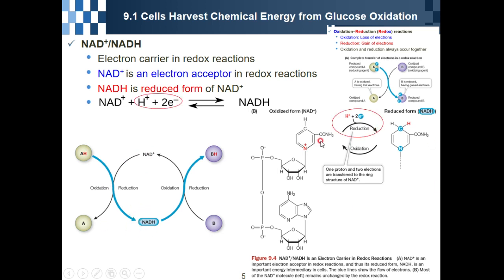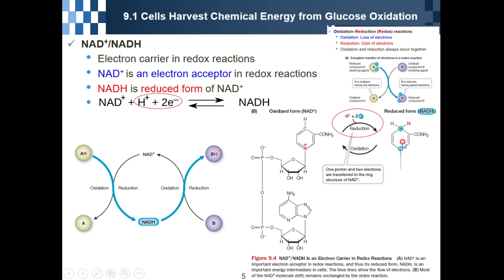If you see here, this is NAD+, which has a positive charge. It receives 1 hydrogen, H+, and also receives 2 electrons.